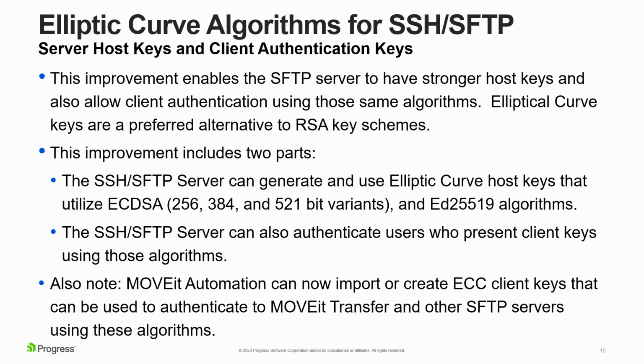That's just us presenting those keys, and when an SFTP client connects, it'll take a fingerprint of that key. In addition, as David mentioned, clients that authenticate against Transfer using client key authentication in SFTP can now also use elliptic curve for those authentication keys.